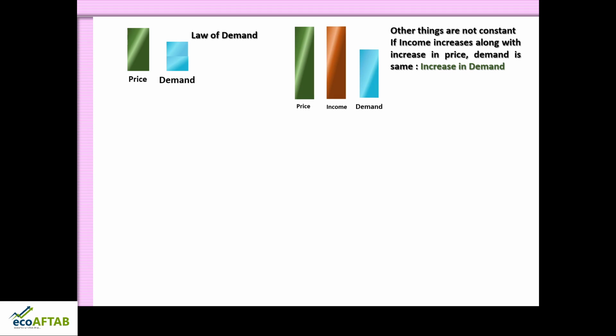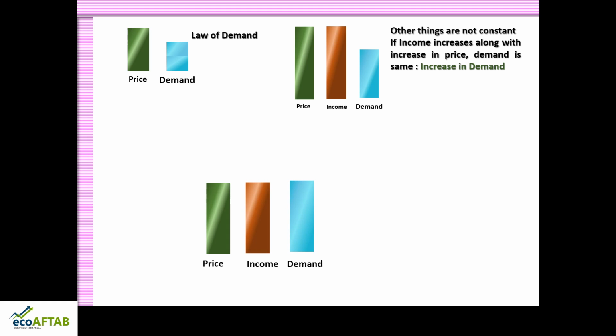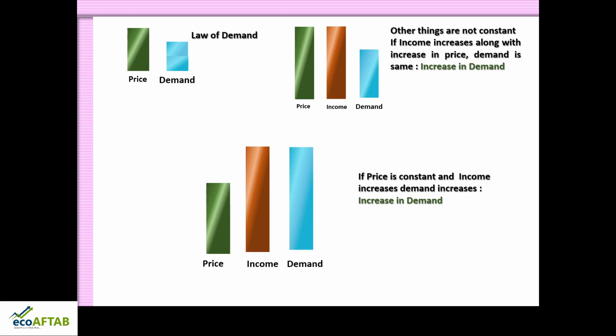Now we will take another situation. Here again we are having price, we are having demand and income. Now let us keep the price constant, let the price not change, and if the income increases, what will happen to the demand? The demand will also increase. So if price is constant and income increases, demand also increases. This is also another situation of increase in demand.